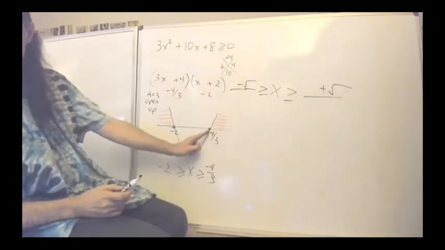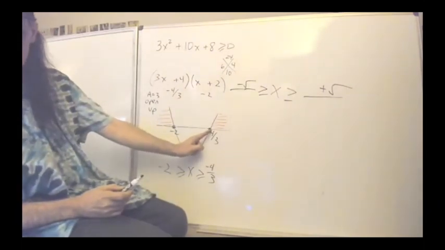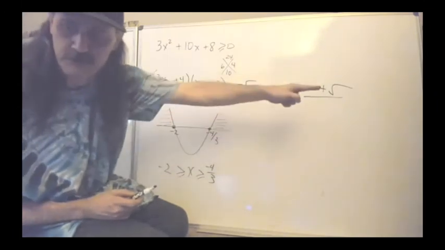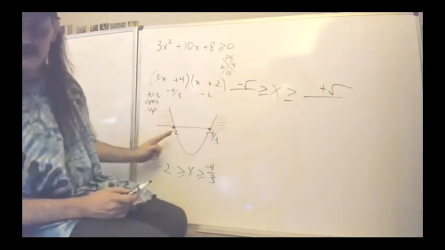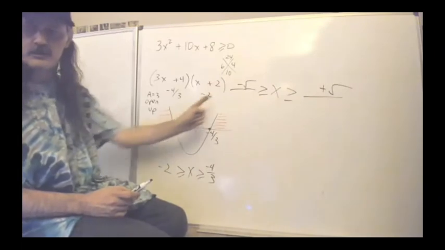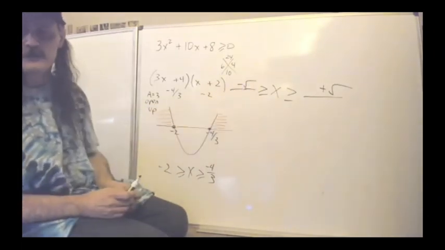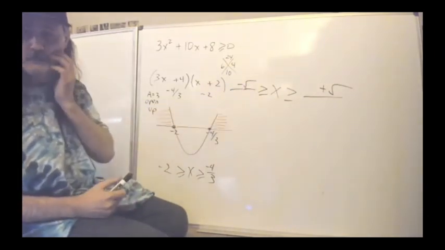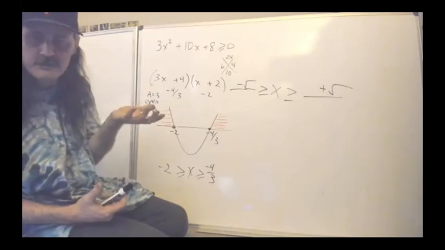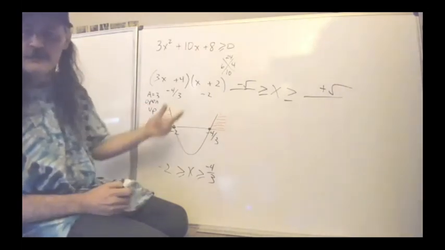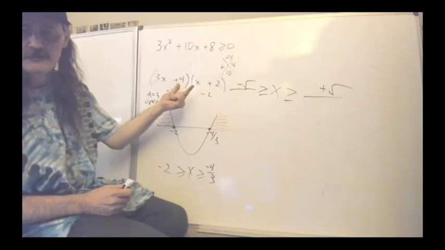We were greater than the one on the right side, which would have been the plus square root, and we're less than the one on the other side, which would have come from the negative square root. So that is an option. I just want to point that out, especially if you can't factor this. Then you have that option.